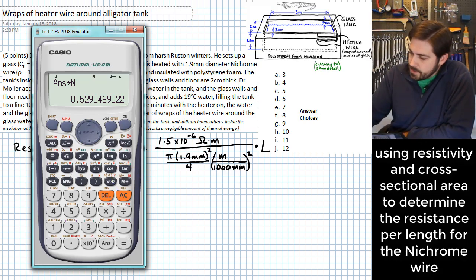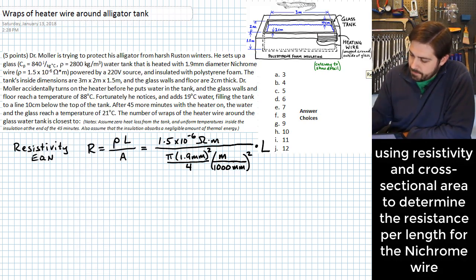Let's look at the units of this real quick. We end up with millimeters squared, and that cancels out my millimeters down here. I have meters squared now in the denominator with meters in the numerator. And so what this tells me is that I end up with a certain number of ohms per meter, because I have a meter in the numerator and meters squared in the denominator.